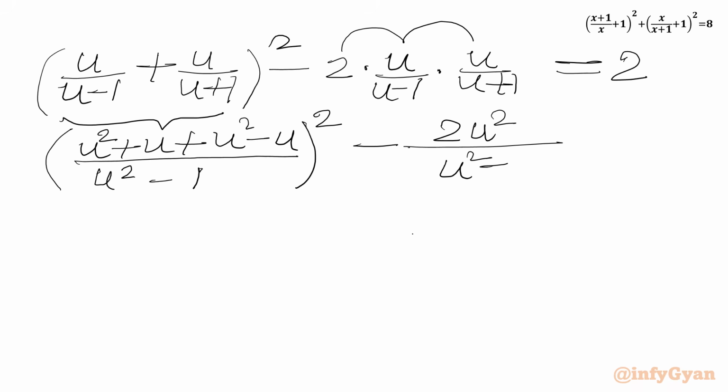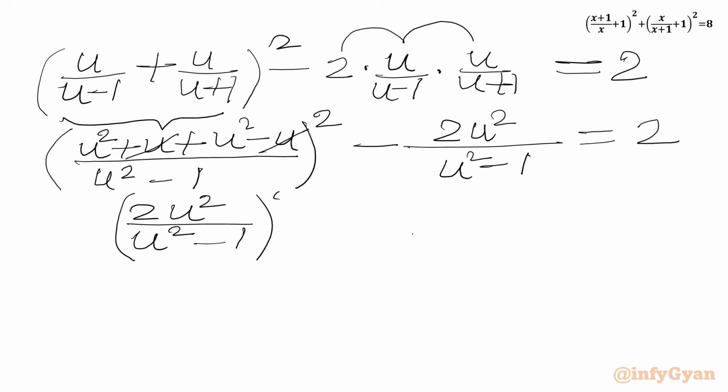After using difference of squares identity, we'll write u square minus 1 equal to 2. Plus u and minus u will get over. We will write 2u square over (u square minus 1) whole square minus 2u square over (u square minus 1) equal to 2.